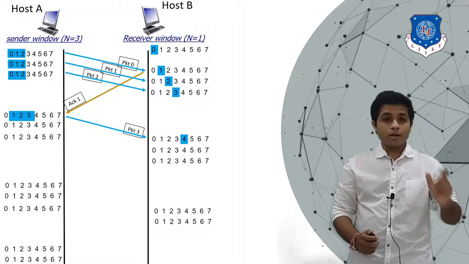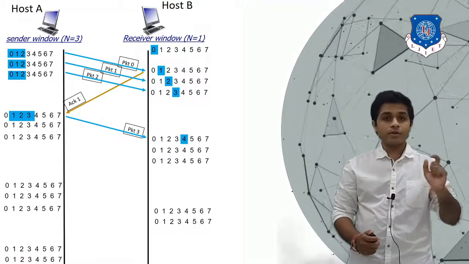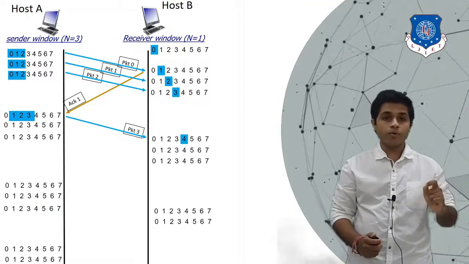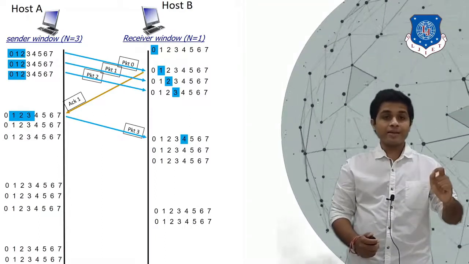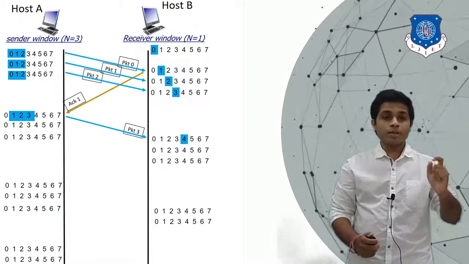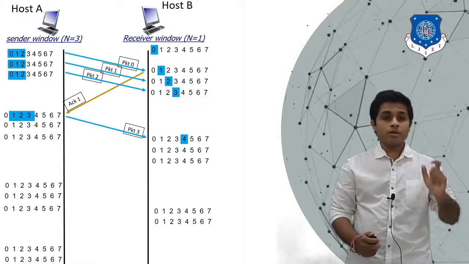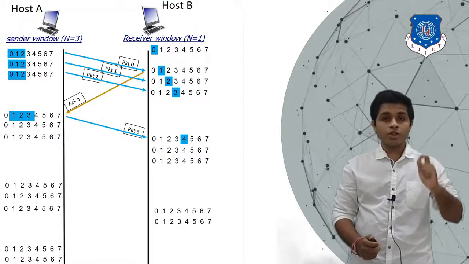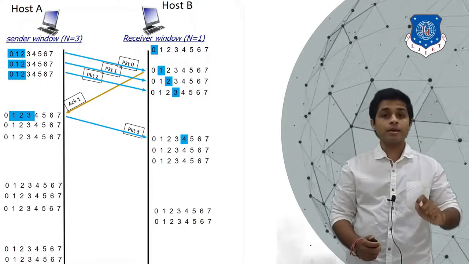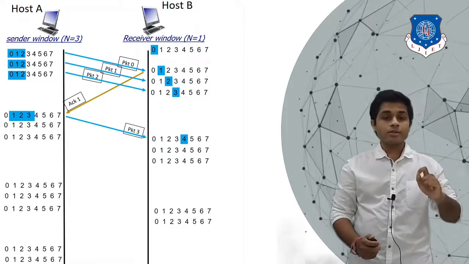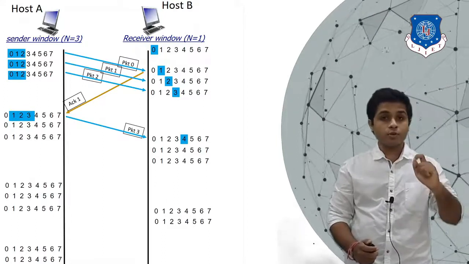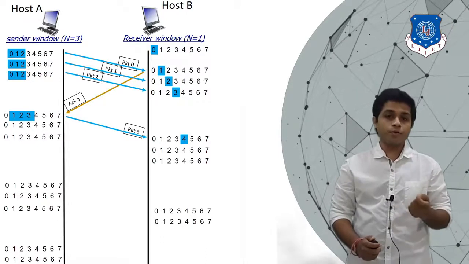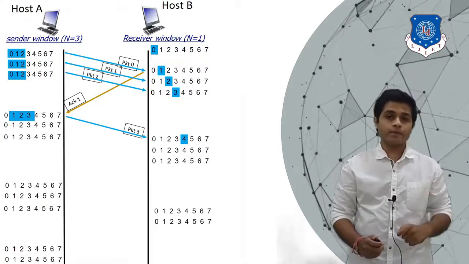Now the current position of the sender's window tells you how many packets are in transmission right now, and those packets are not acknowledged. So what is the current position of the sender's window? It is 1, 2, 3. It means that packets 1, 2 and 3 are in transmission currently and sender has not received acknowledgement for those packets. And what is the current position of receiver's window? It is 4, so it is expecting the 4th packet next.